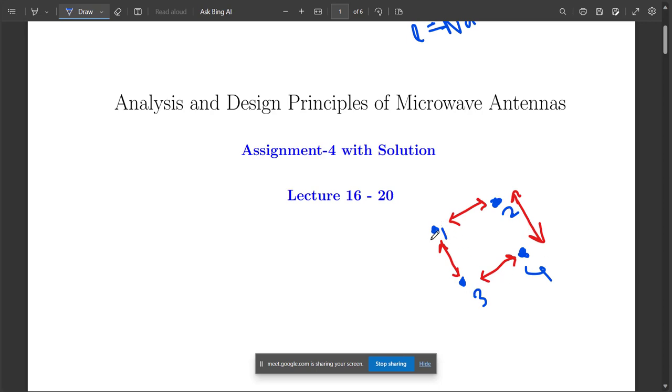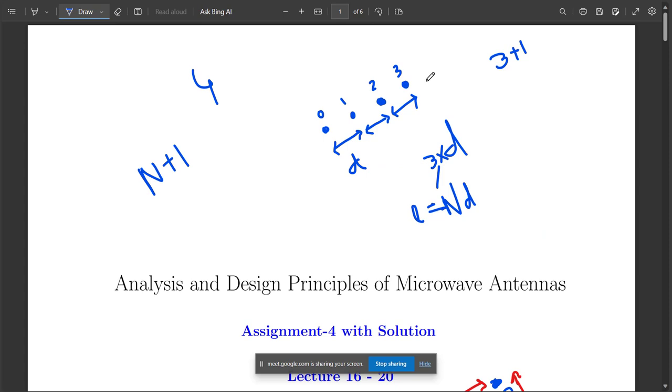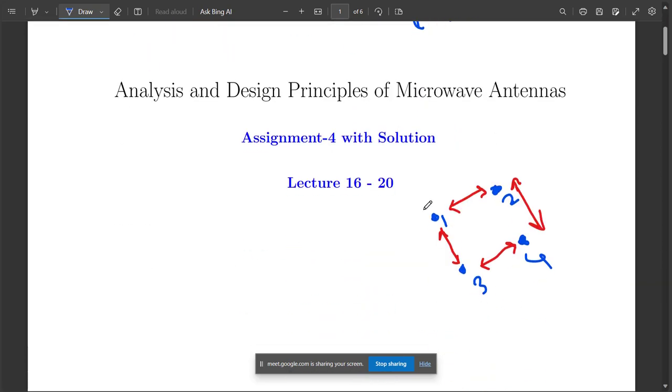If they are kept in linear form and uniform feed is given from one side, all the other elements will have different phases. But if it's like this, feed will be uniform. So the spaces between them are 1, 2, 3, 4. So 4 spaces are given, which equals the number of elements.